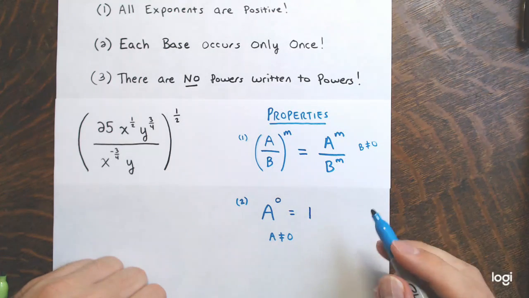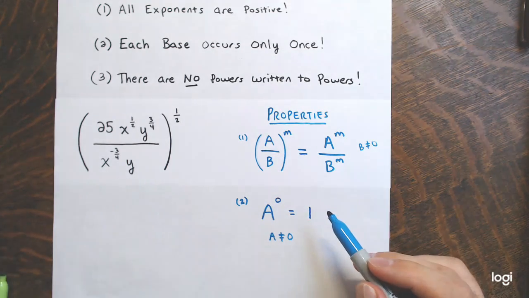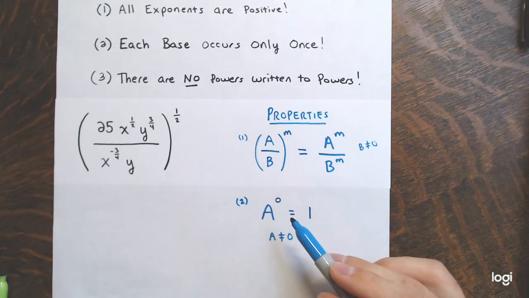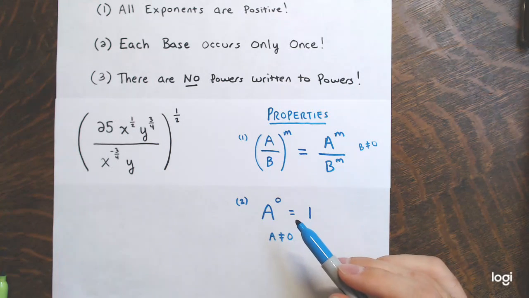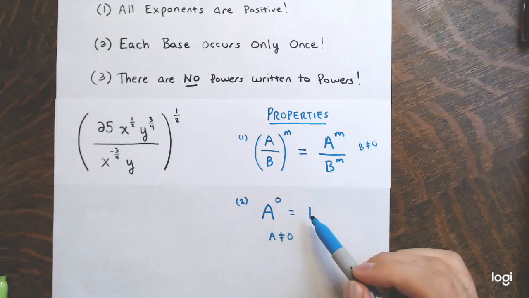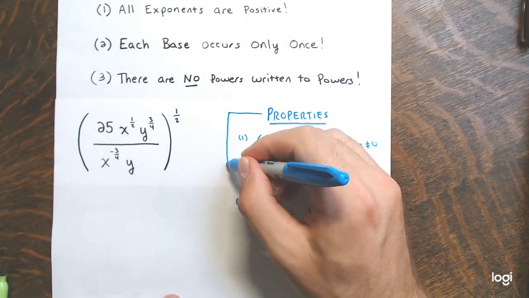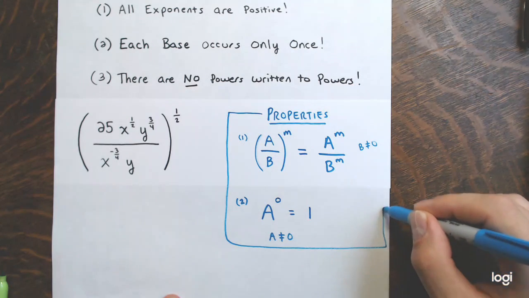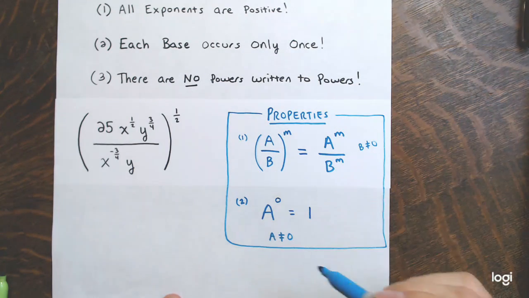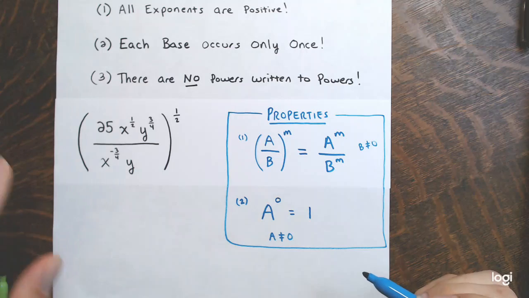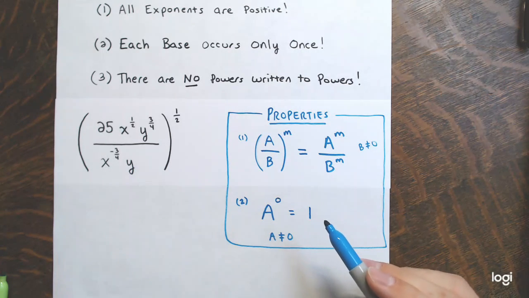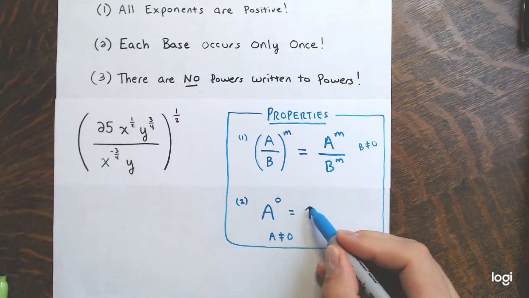I know that might sound silly, but I'm not going to go into it here so much. Go look for other videos on the properties of exponents, the 0 property, and you'll get a further explanation of this, I promise you. But for right now, let's just take it for what it's worth. Any non-zero number to the 0 power is going to be equal to 1.